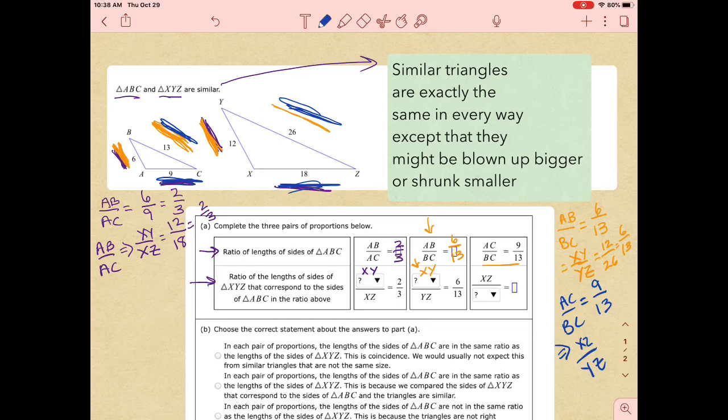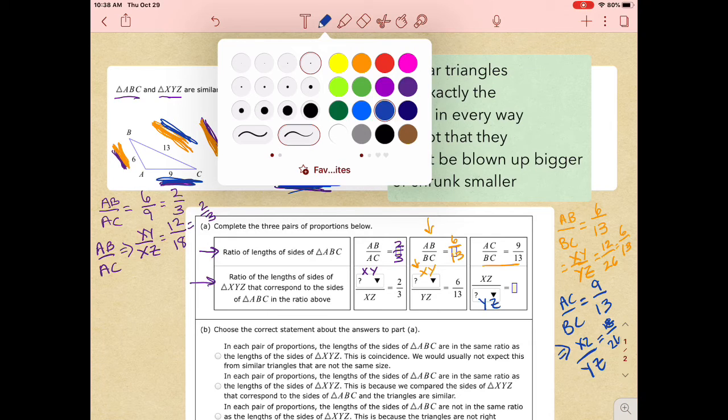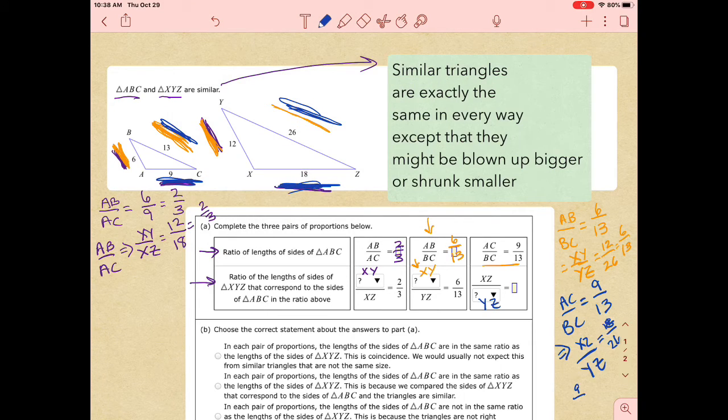XZ over YZ, and then we could look at the numbers that go with that. XZ over YZ, whoops, I said it wrong, it's 18 over 26, and if I simplify that, I can divide each of those by 2, and I'm going to end up with 9 over 13, and put that in here also.